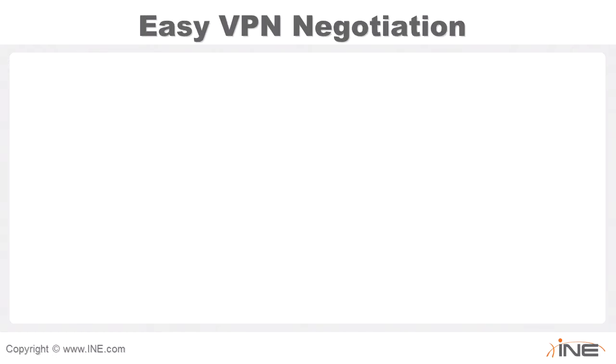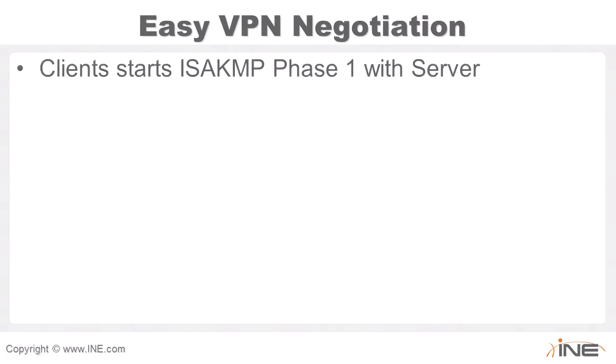Now, in order to negotiate the Easy VPN tunnel, we're going to start with our normal phase 1 ISAKMP parameters first. So things like the authentication type, whether we're doing pre-shared authentication or RSA signatures, the encryption, whether we're doing single DES, triple DES, or AES, the hash, either MD5 or SHA, and then the Diffie-Hellman group to determine how we're going to generate the keying material for our encryption and decryption keys of the actual encryption algorithm.